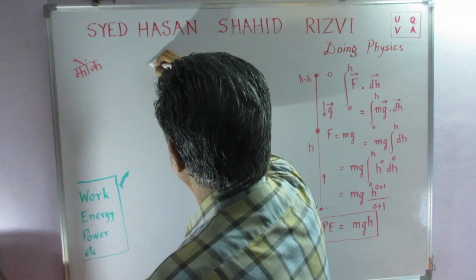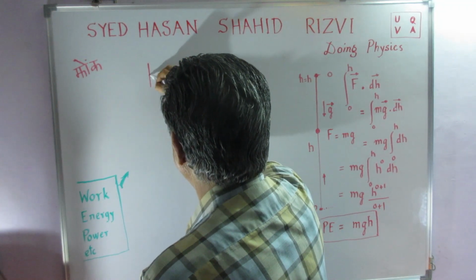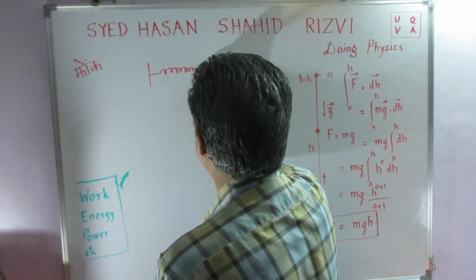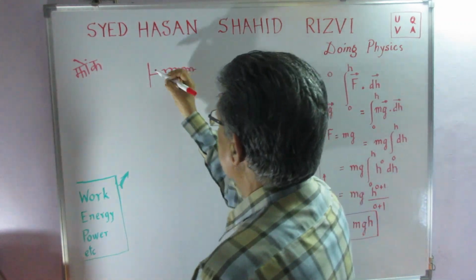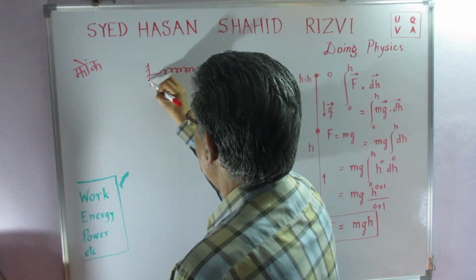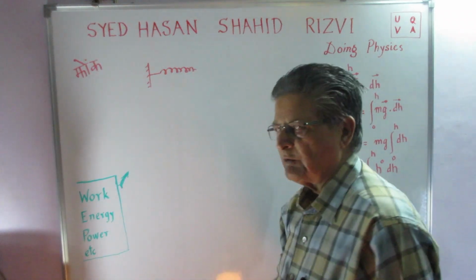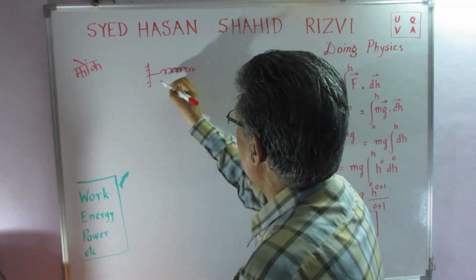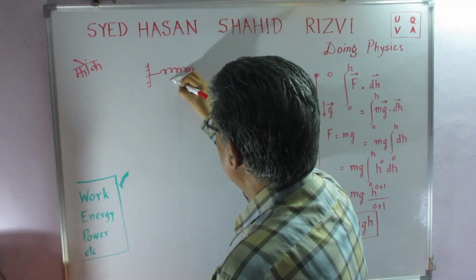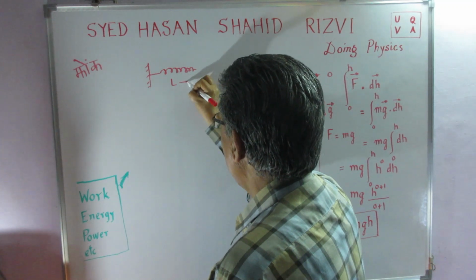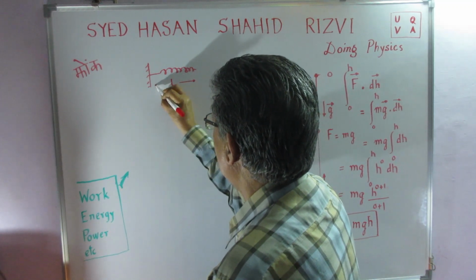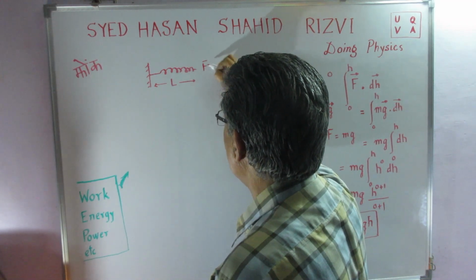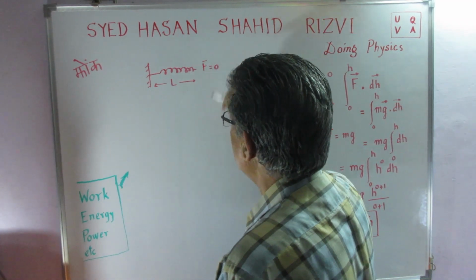Suppose I have a spring. Okay, this is a spring which is not subjected to any kind of a force. The length of the spring is something, you can call it L, from here to here, and F is equal to 0. Okay.